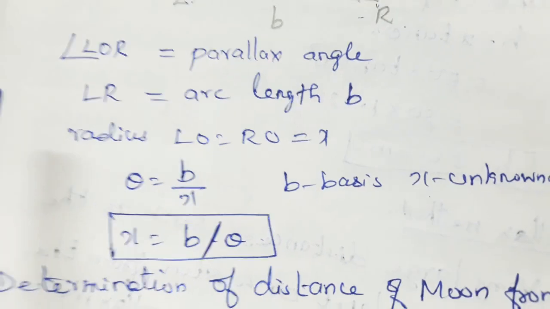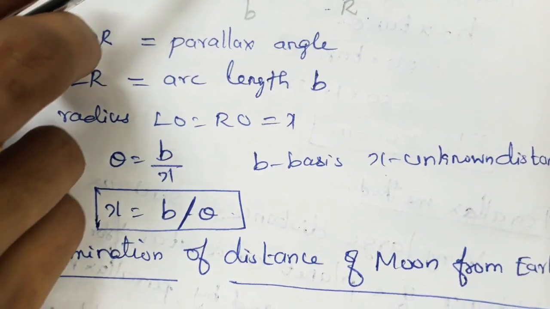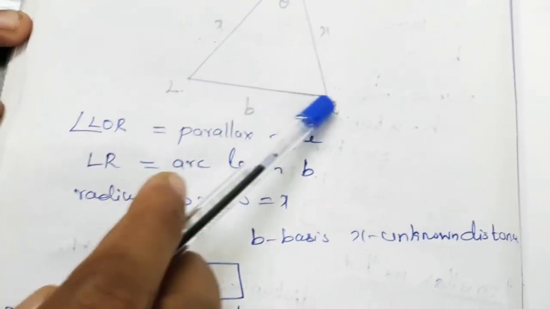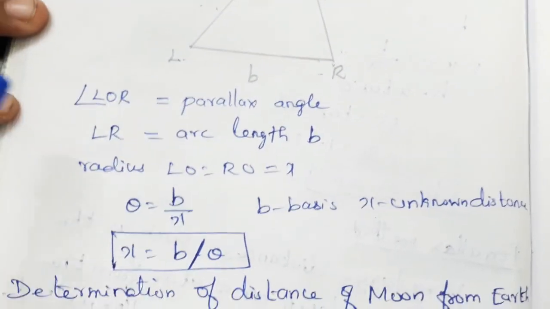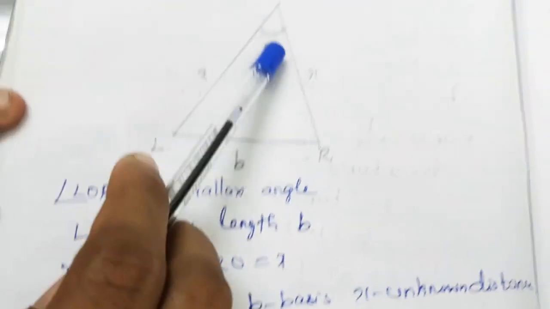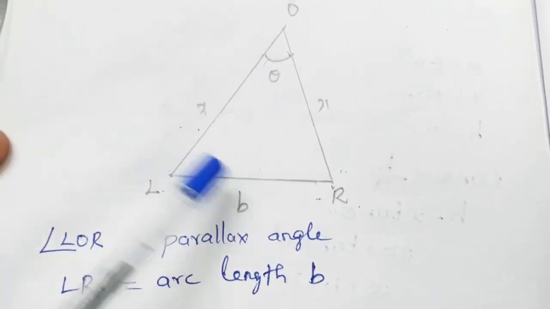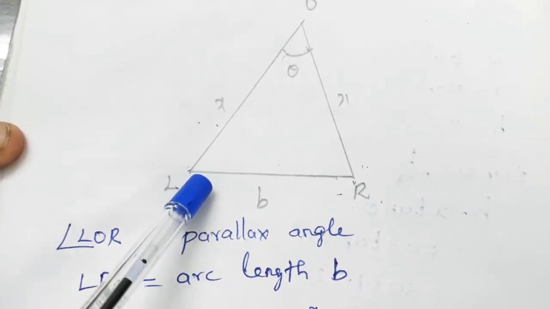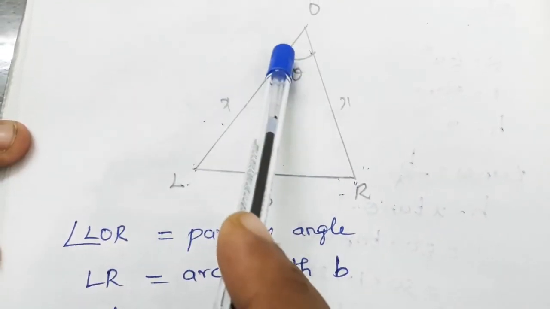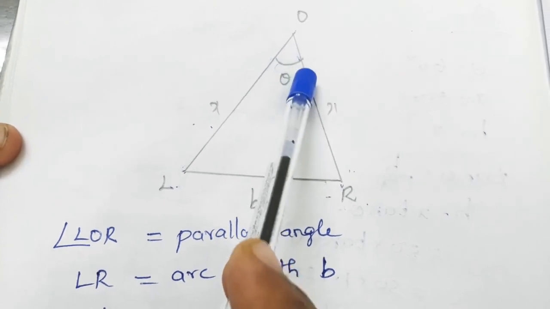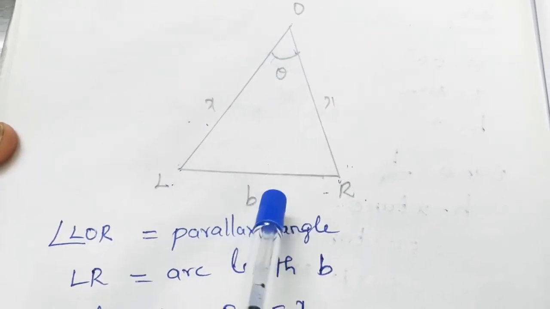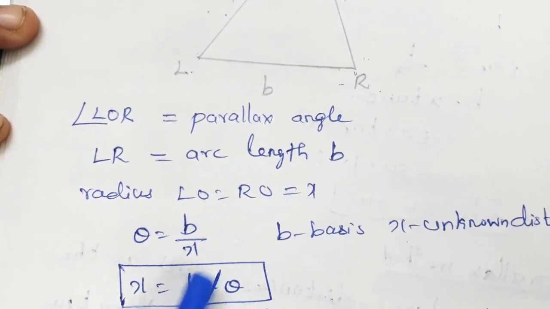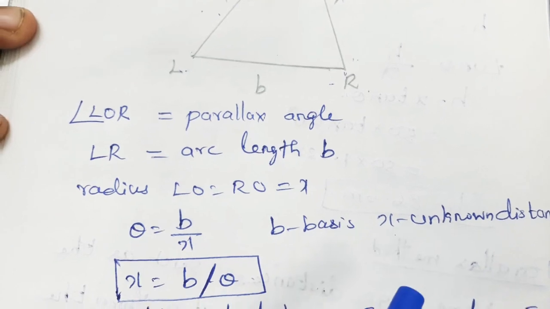By using a mathematical expression, theta can be written as B by X. For a very small angle theta, we can write sin theta, opposite side by hypotenuse, and sin theta can be equated to theta. So the small value of theta, from this diagram, is B by X, where B is the basis and X is the unknown distance.